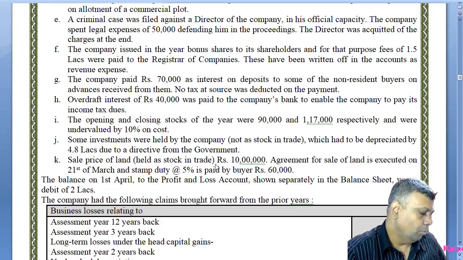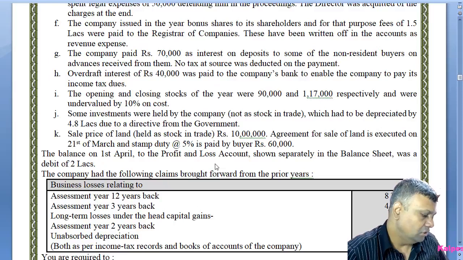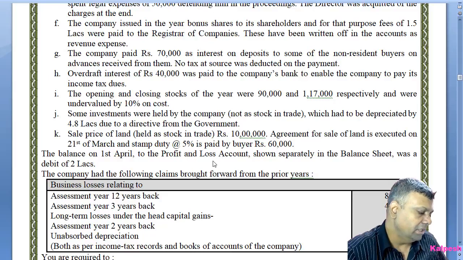I. The opening and closing stocks of the year were 90,000 and 1,17,000 respectively and were undervalued by 10% on cost. J. Some investments were held by the company not as stock in trade, which had to be depreciated by 4.8 lakhs due to a directive from the government.